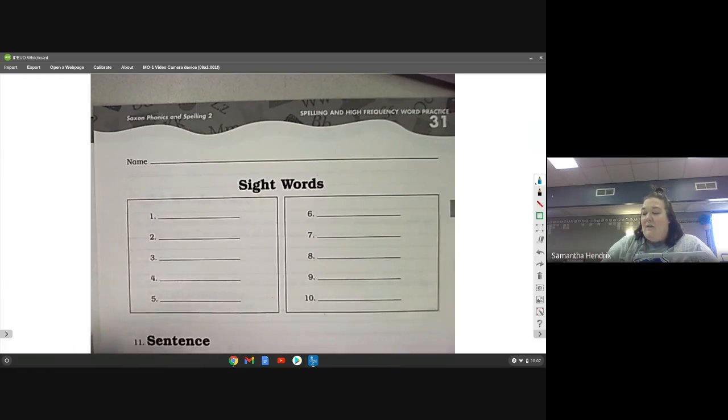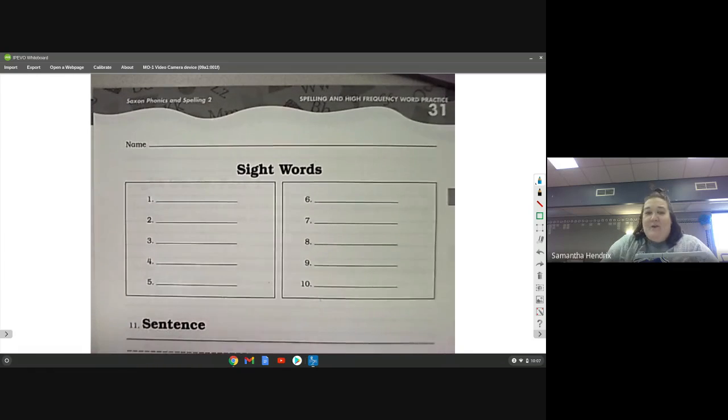We know that we have many sounds in our language, at least 40 different sounds from our alphabet. Words are made up of smaller parts called letters. There are two kinds of letters, consonants and vowels, and every syllable must have a vowel in it, okay?